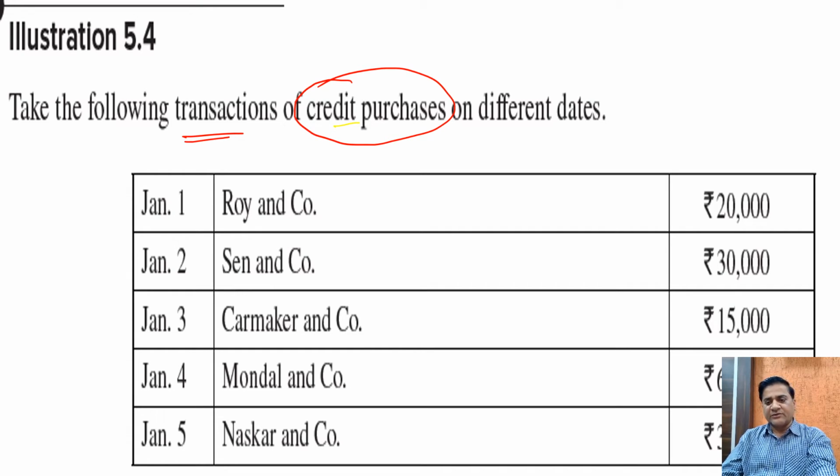Now we know that whenever we purchase, the journal entry would be purchases account debit to the party from whom I have purchased. So here I would say sundry parties. The sundries means the names of all these 5 clients: Roy and Company, Sen and Company, Carmaker and Company, Mandal and Company, Naskar and Company.